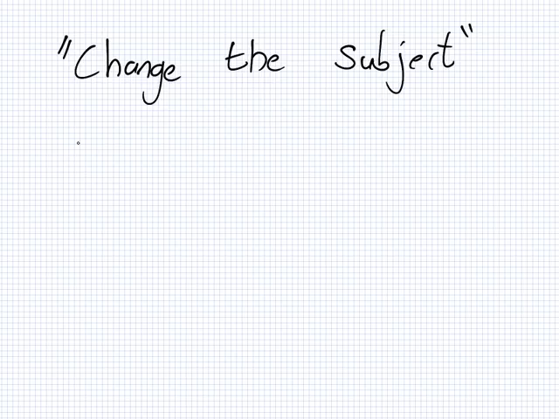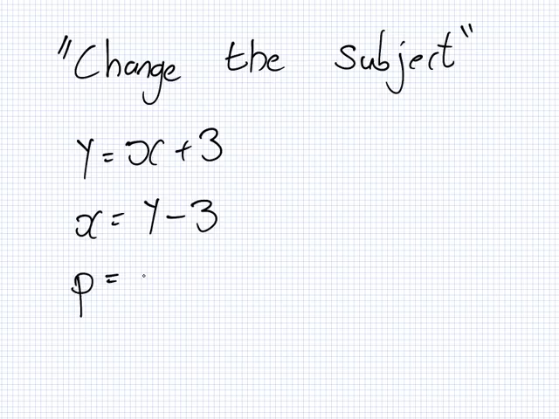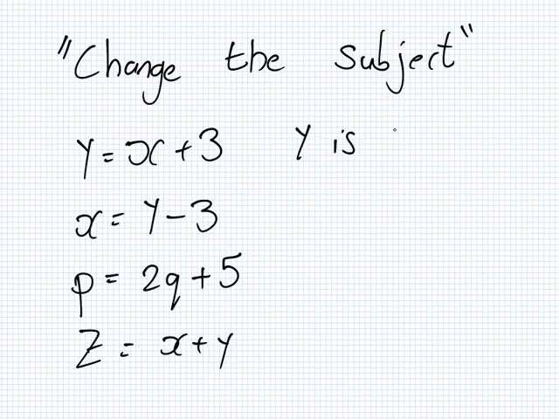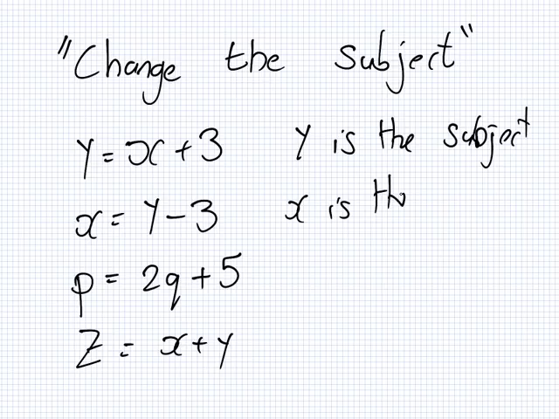So here you say y is the subject. Here you say x is the subject. P is the subject. Z is the subject. So in maths, sometimes you want to change the subject. So you don't want y, maybe you want x, for example. Okay, so can you write this down? It's called change the subject, or changing the subject.